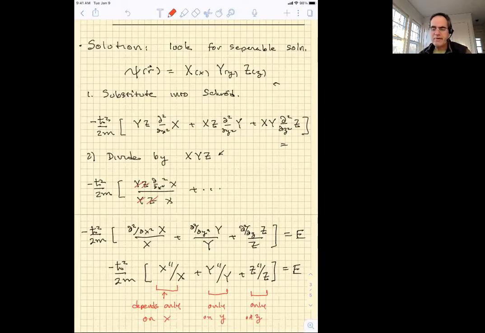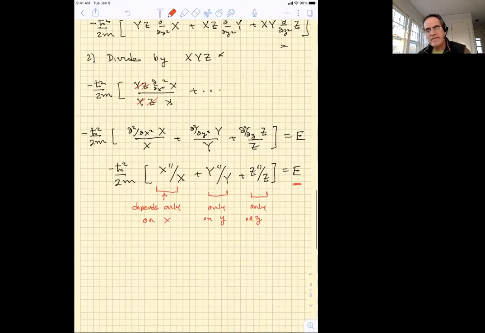That's pretty obvious. And then they add up to equal a constant. But in fact, their behavior is even simpler, because not only can each of these terms depend only on one variable, but in fact, each one has to be constant, independent of x or y or z.